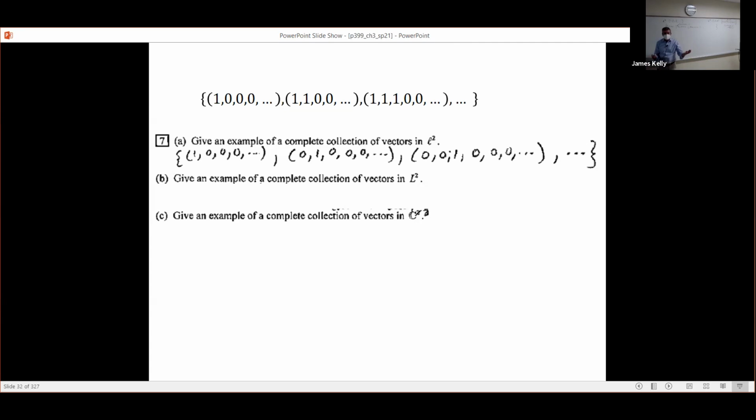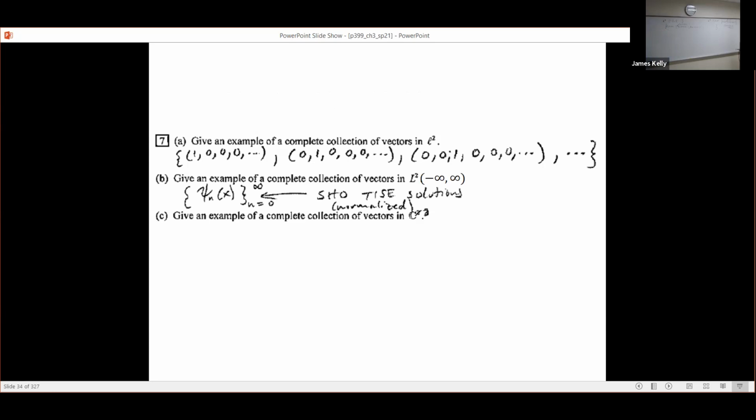I could take x hat plus y hat, and x hat plus y hat plus z hat. As long as they're 3 linearly independent vectors in a 3-dimensional vector space, that's a perfectly good collection that has enough. And I could even throw more in there that I don't need. But, you know, so that's a lot of examples there.